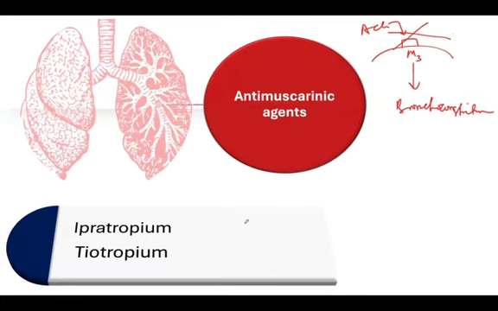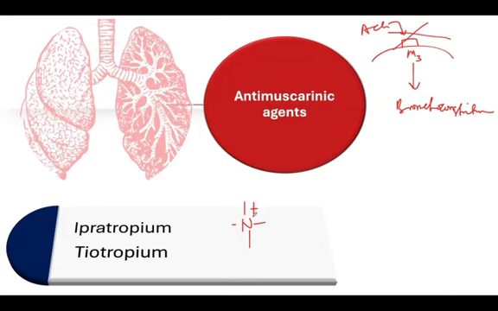Ipratropium has a quaternary ammonium structure that makes it charged. So when it is given by inhalation, the drug tends to stay within the airways more, and so we have less adverse effects when the drug is given. So that's something you need to know about.